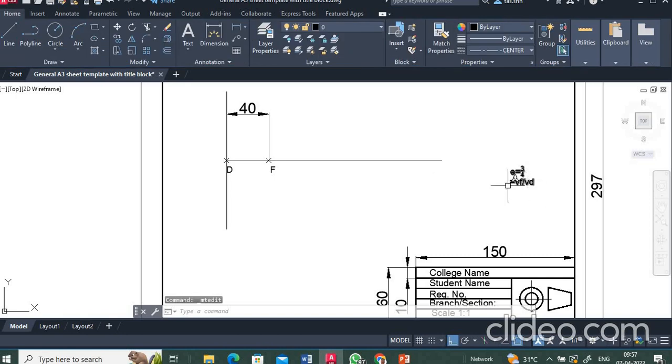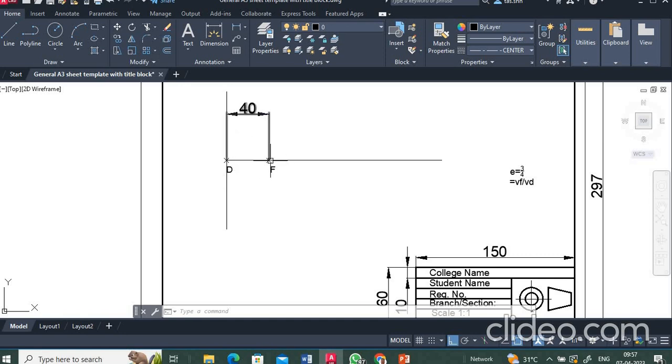Okay. So from F we have to take 3 units so that we will get the point V. That means this DF should be divided into 3 plus 4, 7 parts.